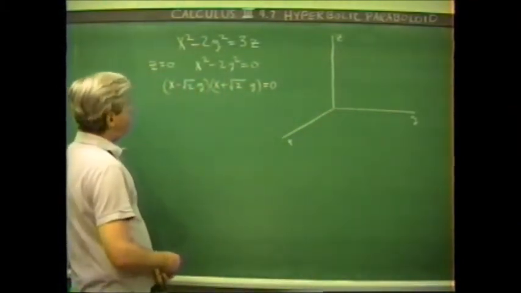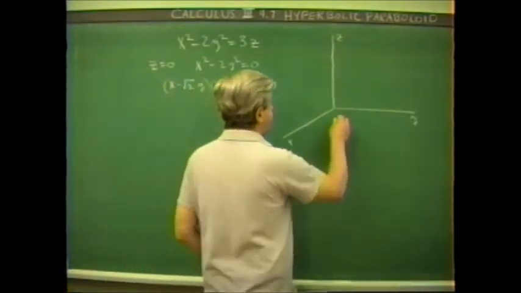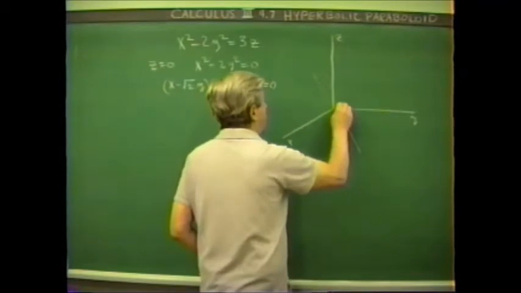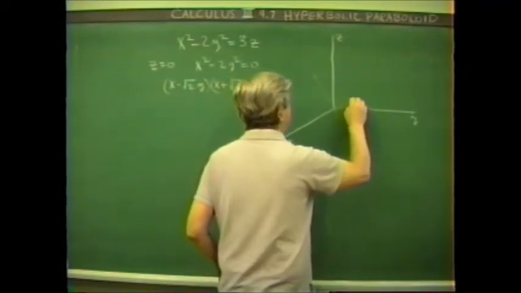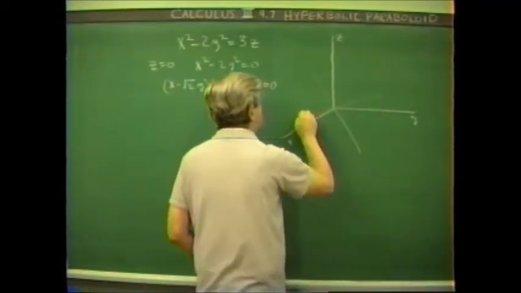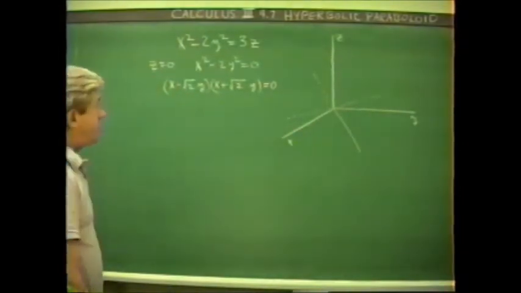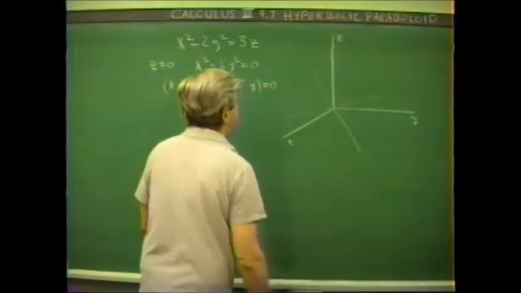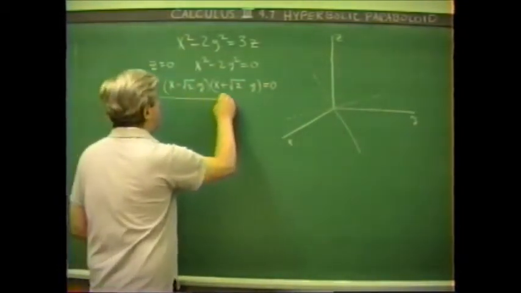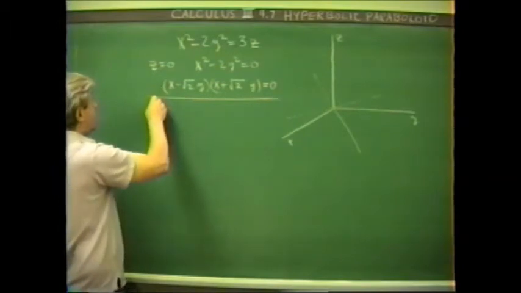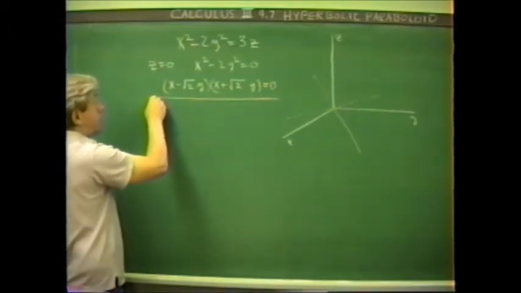x equals the square root of 2 y looks something like this, and x equals minus the square root of 2 y, something like this. Right? Now this is a little bit misleading, but we'll see what happens as we continue. Let's look at x equals 0.